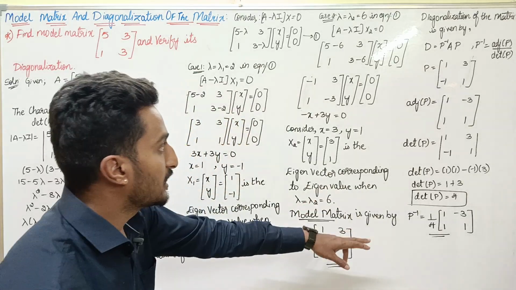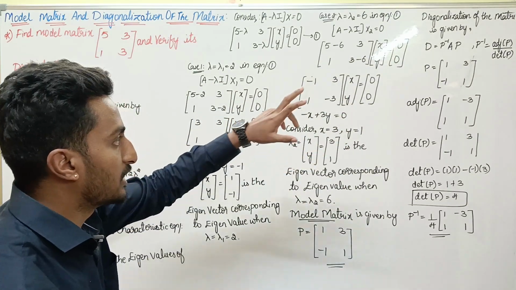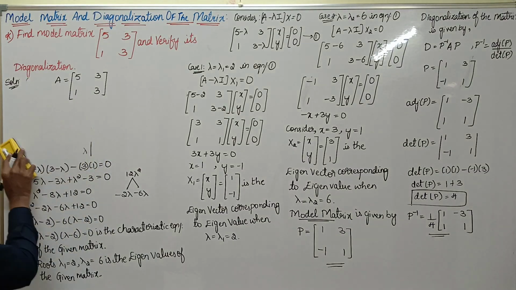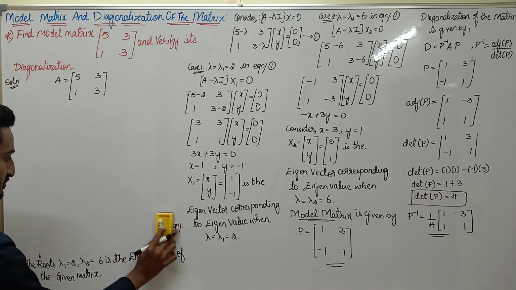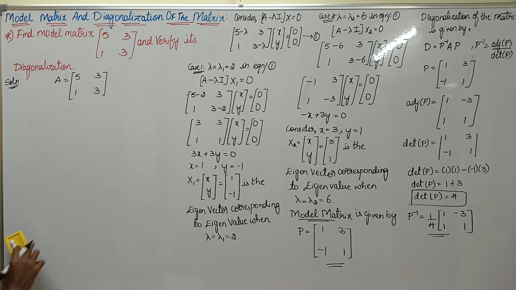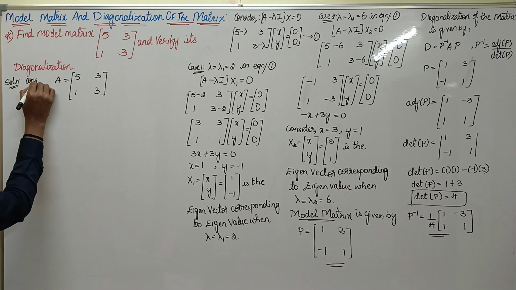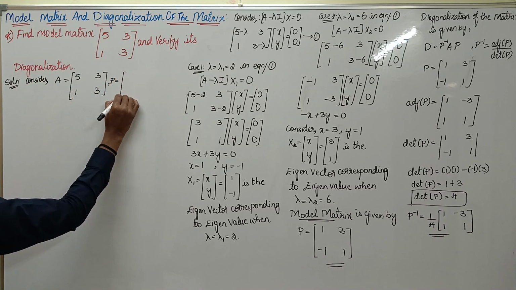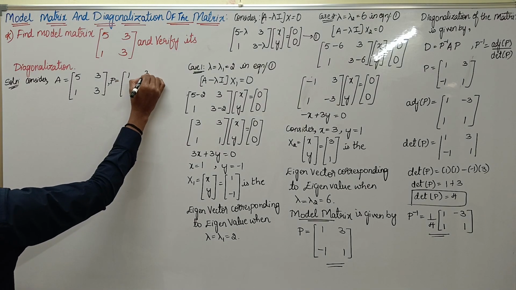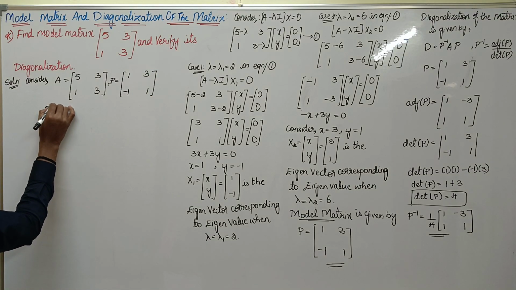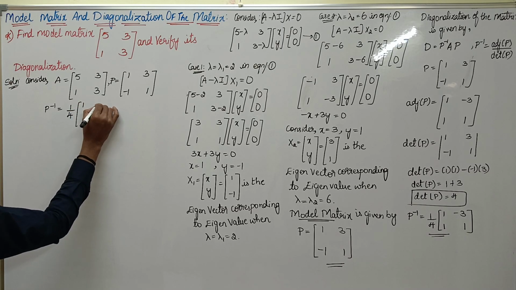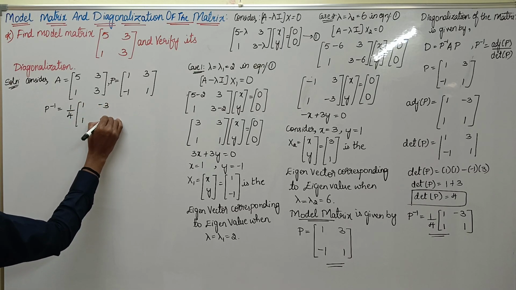Now considering P inverse AP, now let us find D. Consider AP. What is P? We have [1 3; minus 1 1]. Next, what is P inverse? P inverse is equal to 1 by 4 into [1 minus 3; 1 1].